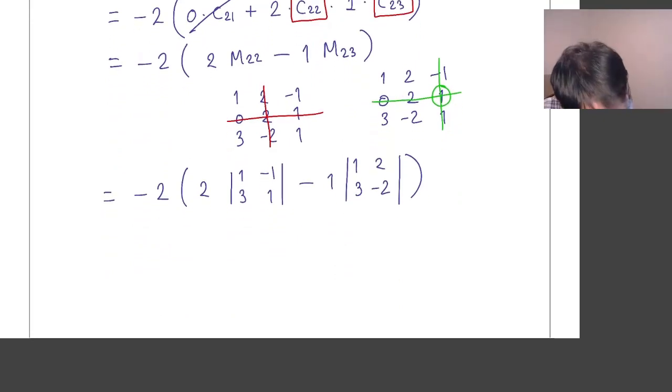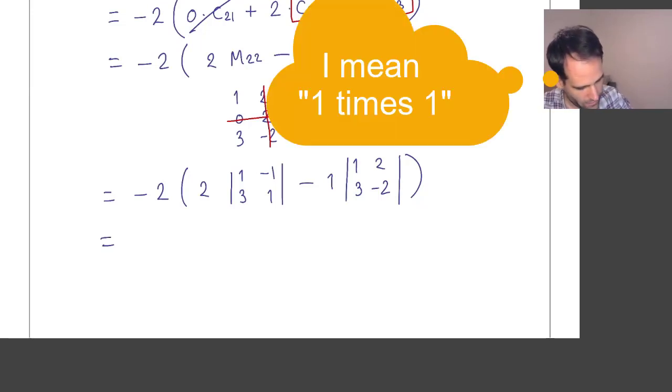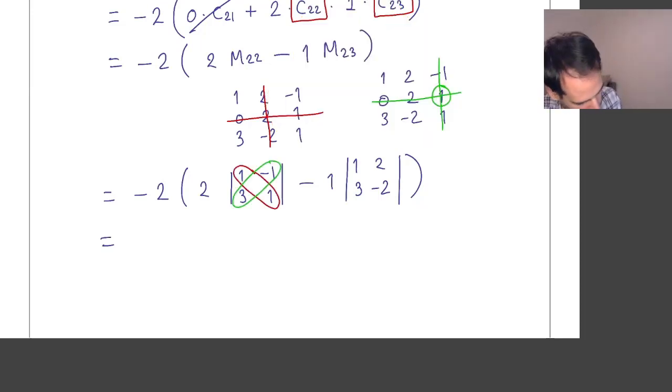Now we could continue using Laplace expansion with a 2 by 2 matrix, but once you arrive at 2 by 2 determinants, it's very easy to calculate. Remember, you just have to do 1 times 1 minus 1 times 3. Remember that cross trick. So let's write it all.